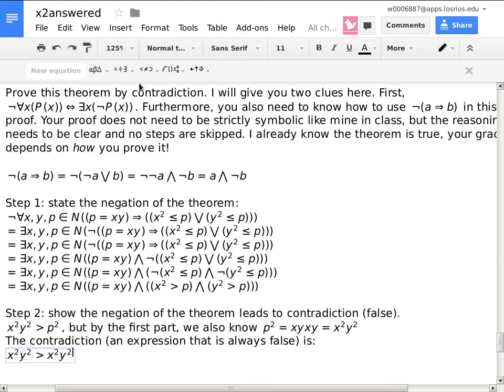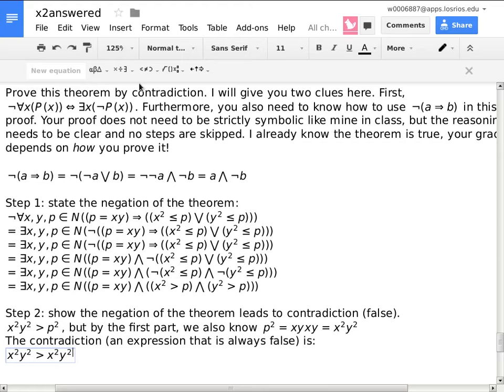Yep. The way I did it was that if we're using natural numbers, then x squared has to be at least p plus 1. Say that one more time. Because we're using natural numbers, x squared, in order to be greater than p, must be at least p plus 1.